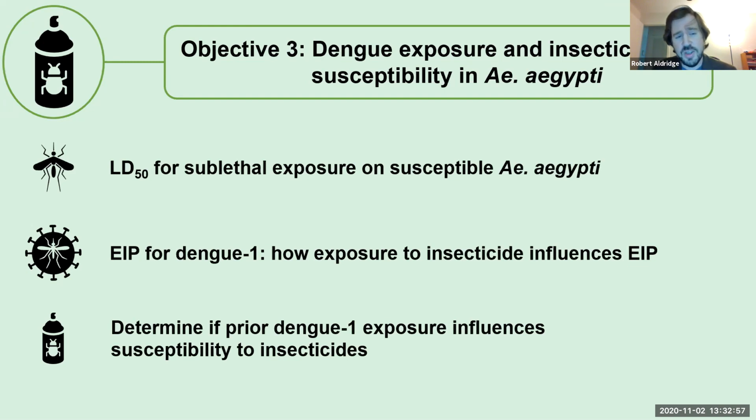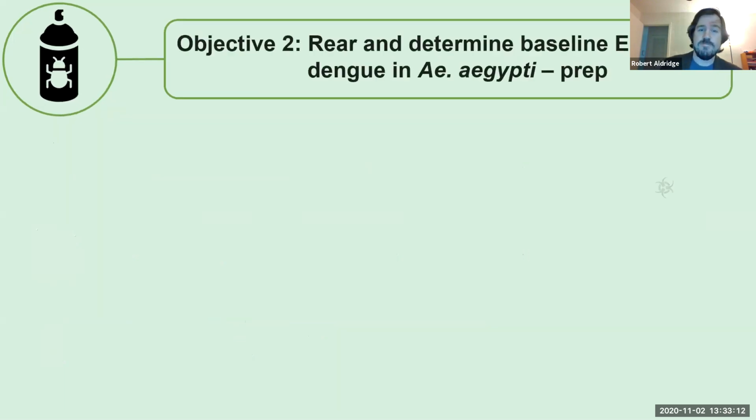Look at the extrinsic incubation period under the control and how long it takes after exposure for the insecticide to influence the extrinsic incubation period, and then determine if prior dengue exposure does influence that susceptibility.